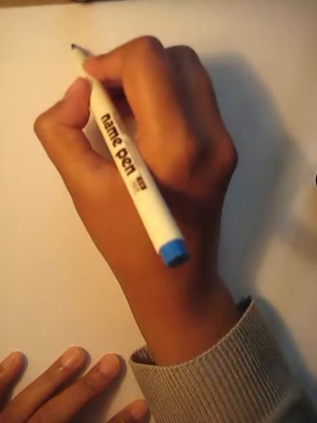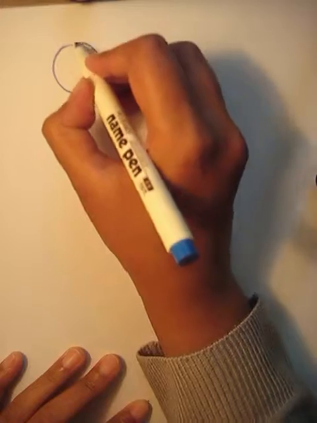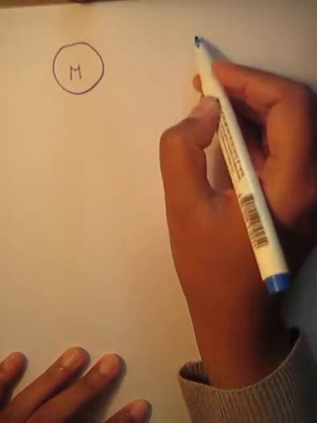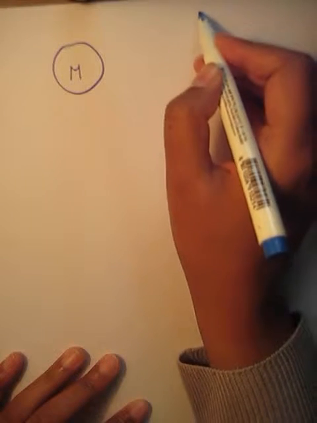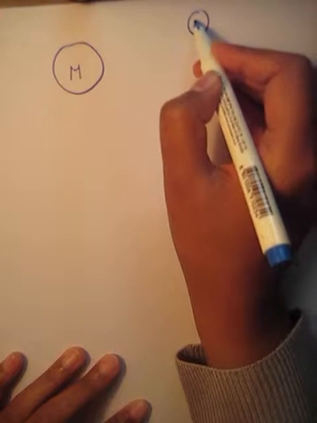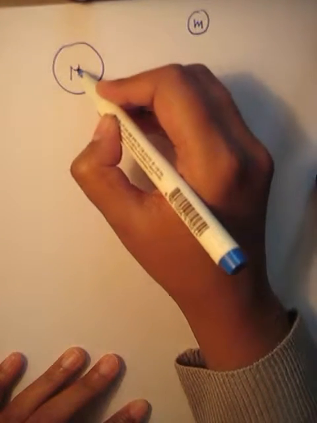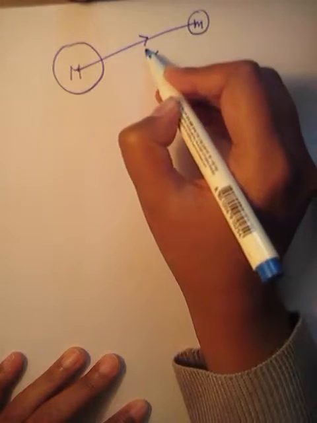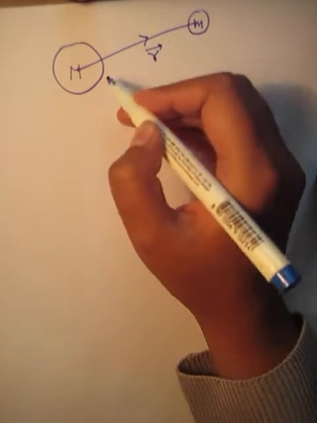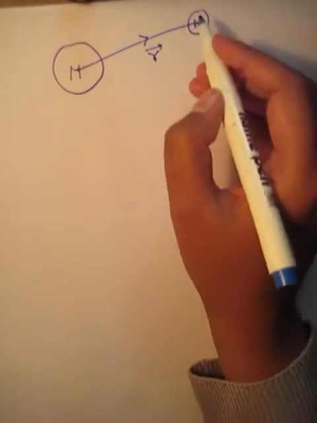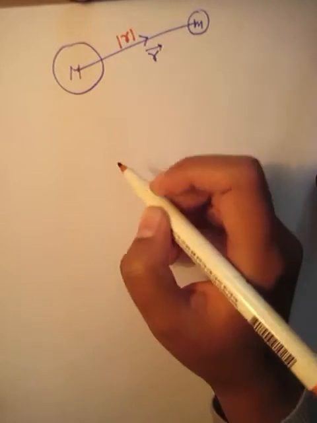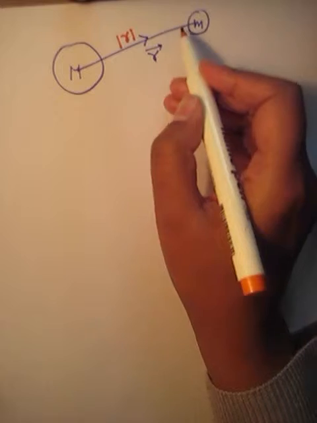Now if you have any mass, let us say the mass is capital M, and there is a smaller mass m here, then this will be the position vector of small m from capital M. This vector has a magnitude of r, and it has this particular direction.